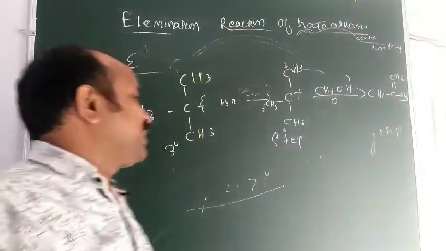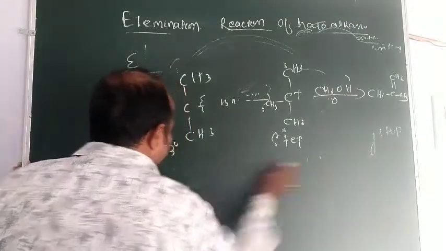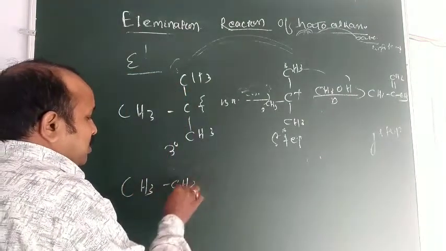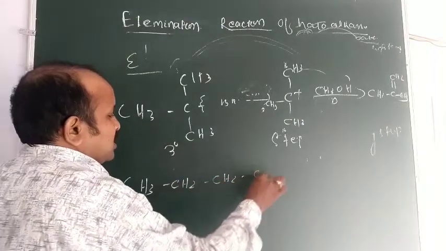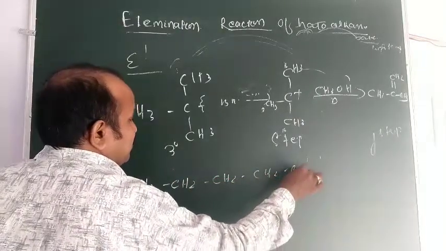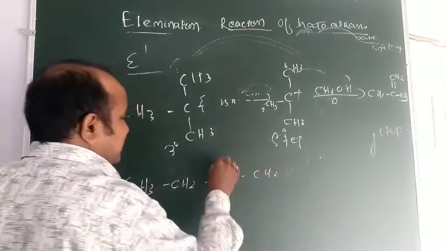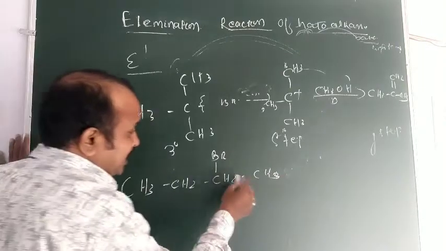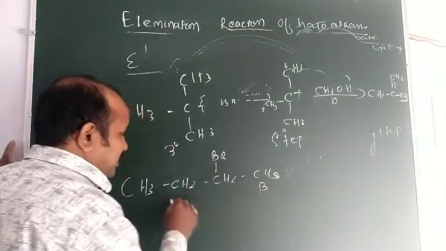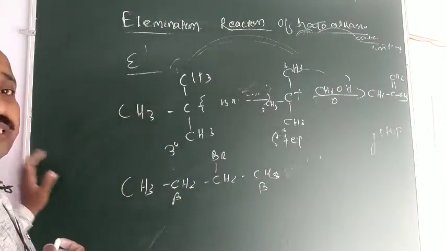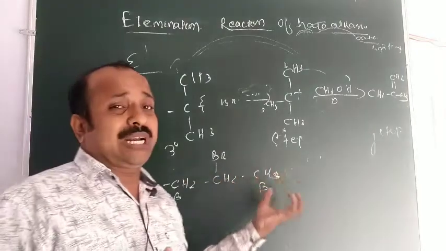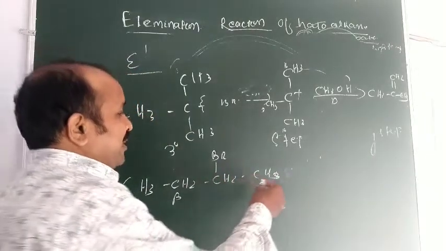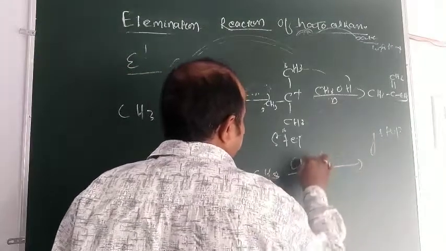Suppose another example, CH3CH2CHBrCH3. Here you look that this is also a beta hydrogen, this is also a beta hydrogen. So which hydrogen is attracted or eliminated by the weak base in the elimination reaction?